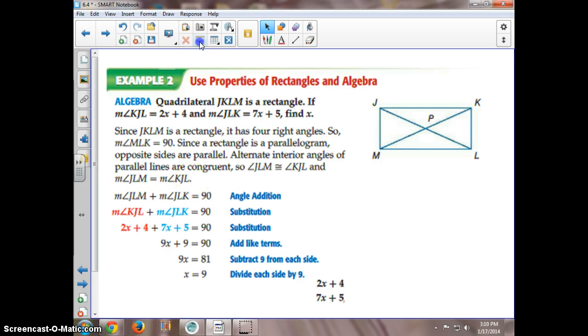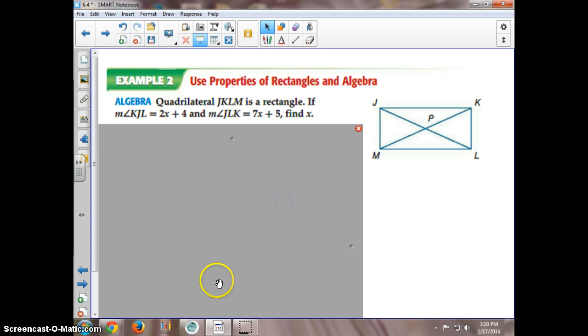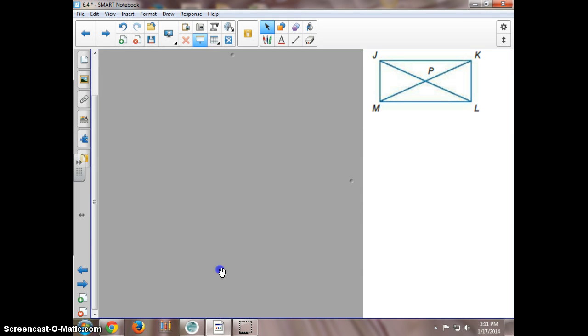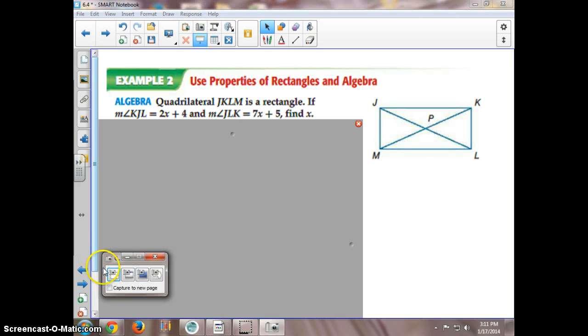All right, example 2. Looking at this picture at right, we know this quadrilateral JKLM is a rectangle. So, knowing that if certain angles are defined, we need to find x. So let's mark our picture.